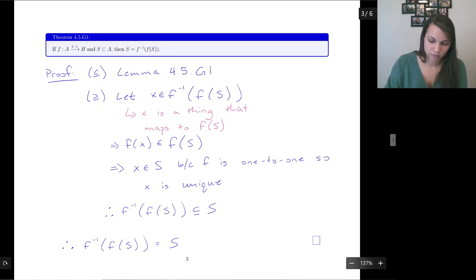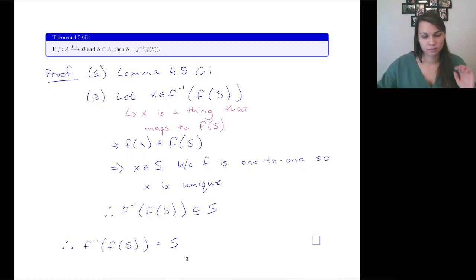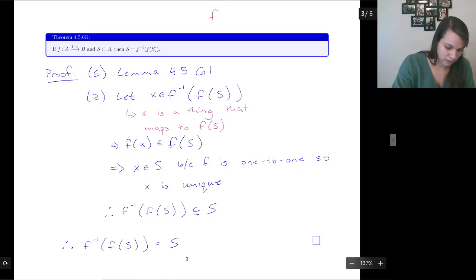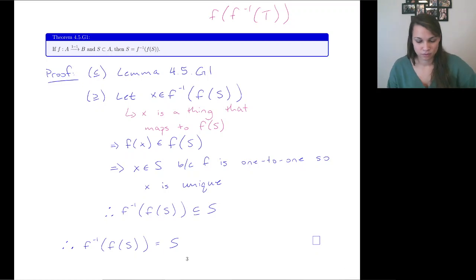And we are done. Okay. So question, what about the other order? So what I mean by the other order, I mean the image of the pre-image of, we'll say, T, where T is a subset of B. What about that guy?